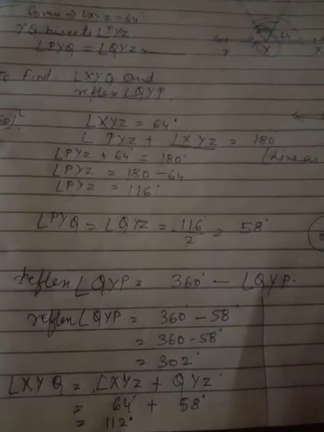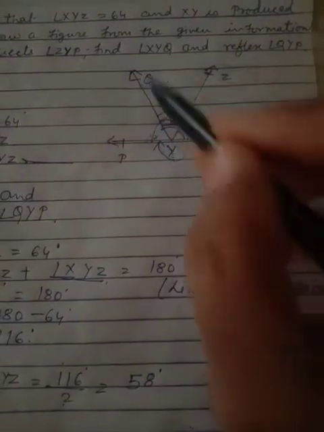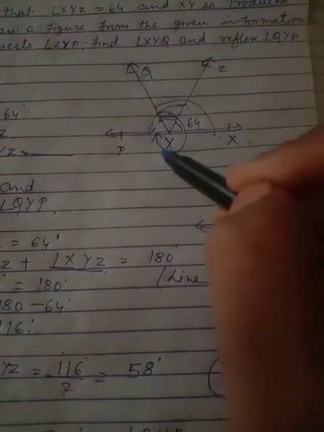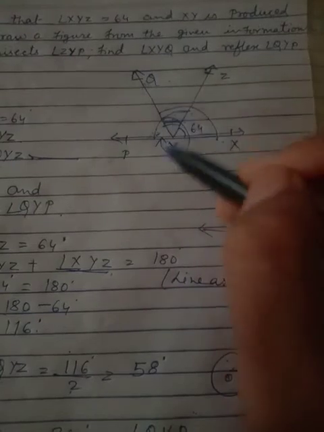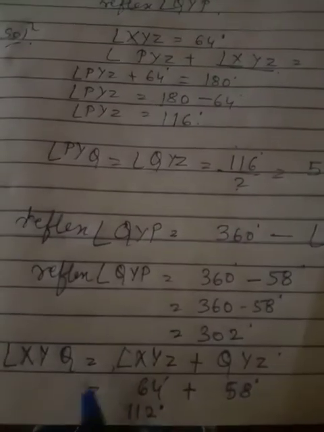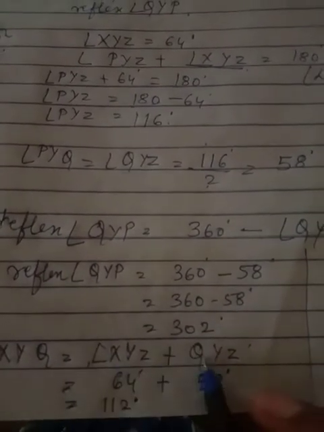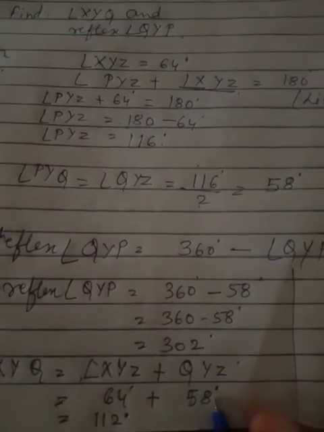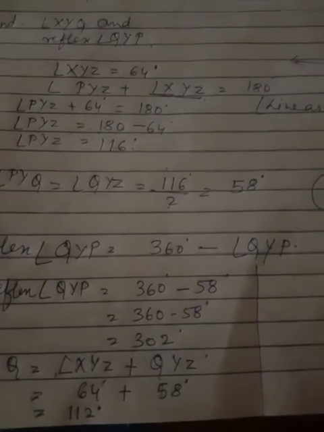So students, it is clear now that XYQ is the sum of XYZ plus QYZ. This is 64 and this is 58. 64 plus 58 is equal to 112 degrees.